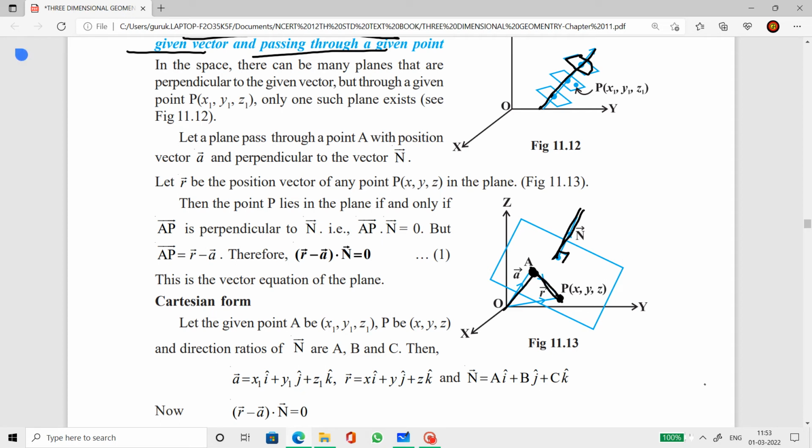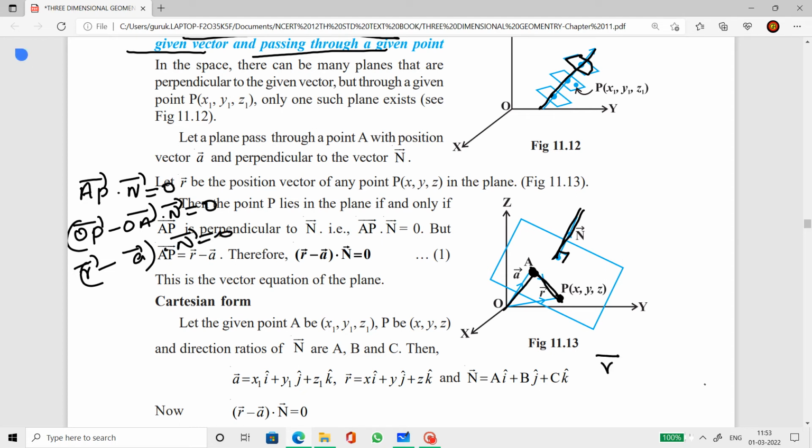And as I told before, any line segment in the plane is perpendicular to the normal of the plane. So AP dot n vector equals 0, right? And what is AP? OP minus OA dot n vector equals 0. Now what is OP? R vector. What is OA? A vector dot n vector equal to 0. So when you open the brackets, you get R dot n vector equals A dot n.